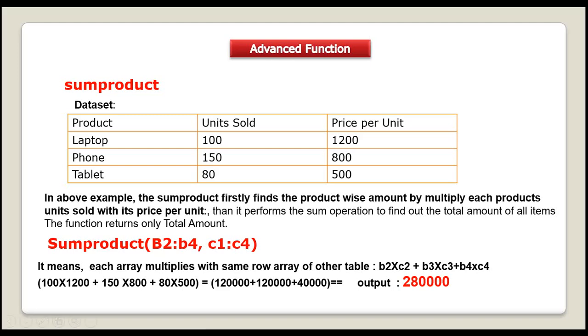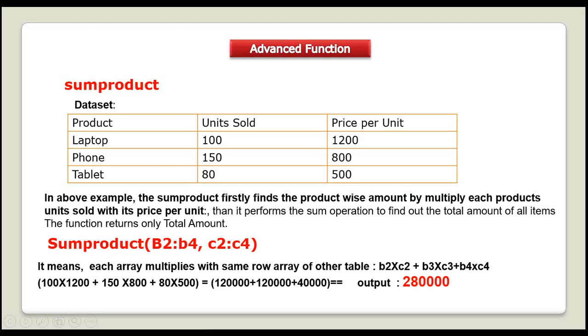Suppose units sold are typed in B2, B3 and B4, with 80 being the tablet units sold in B4. And suppose the unit prices are 1200 typed in C2, 800 in C3 and 500 in C4. So these are the related numbers. B2 to B4 and C2 to C4 are given as the ranges of the two arrays.